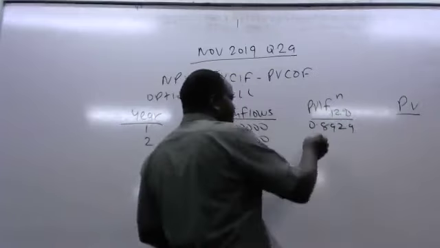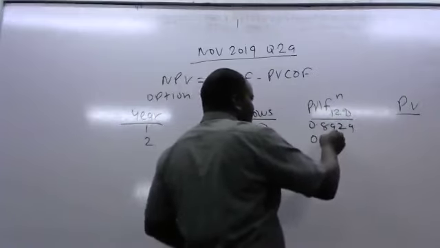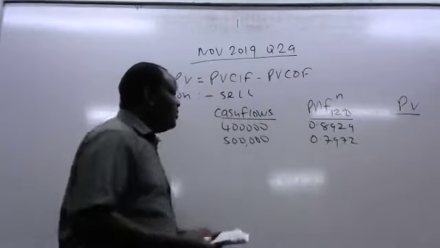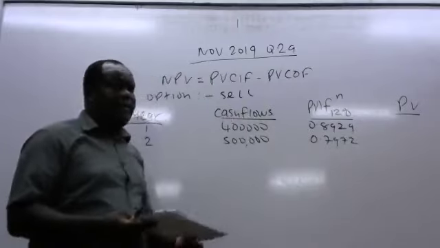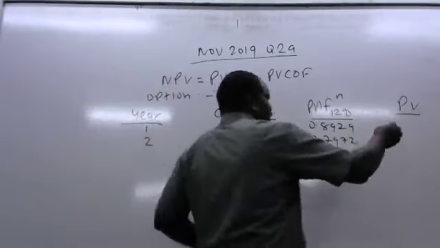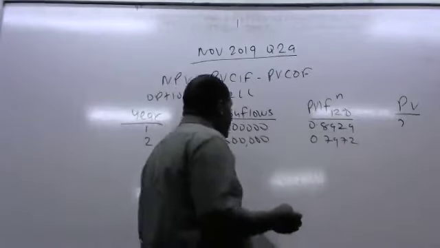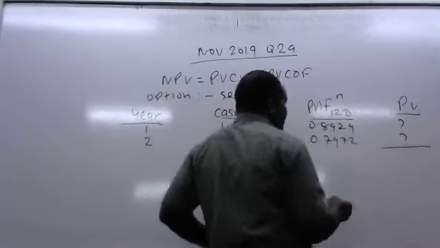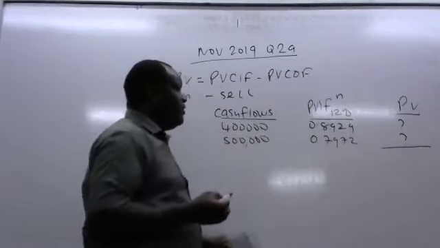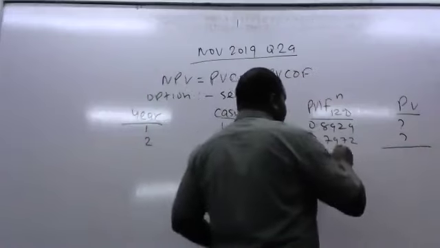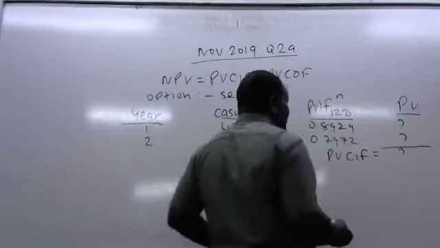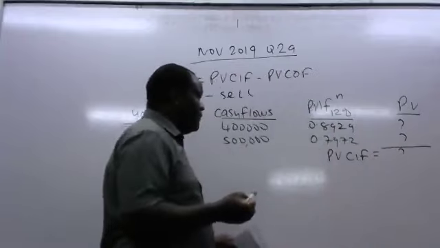How about year 2? 0.7972. So multiply this by this to get the present value at that point. You also multiply this by that, and you get the present value at that level. When you add them together, they give you the present value for the cash inflows.